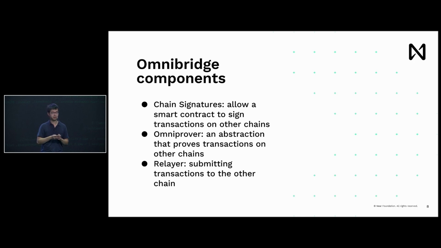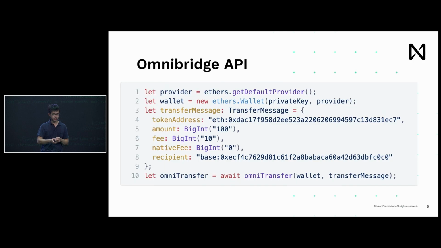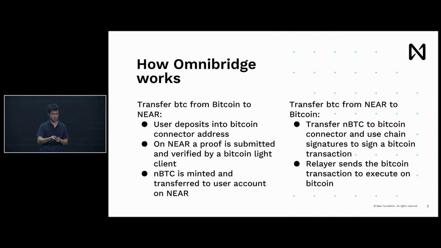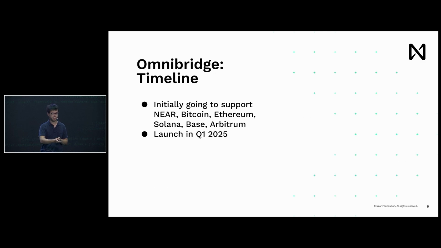It's completely trustless. It doesn't introduce any point of centralization. And also, in the API, there is a fee that you can specify to pay for the relayer, so that relayers are incentivized to work.